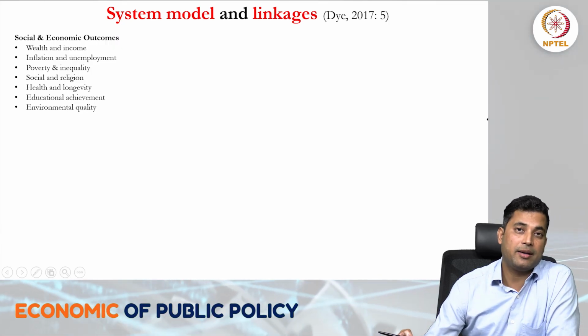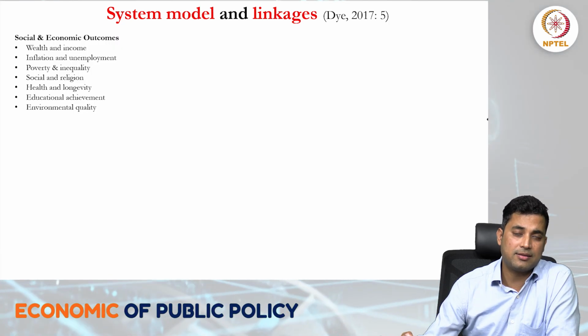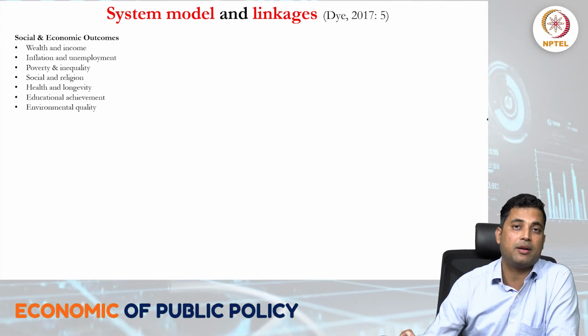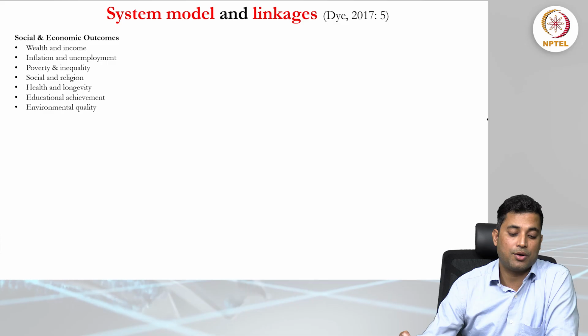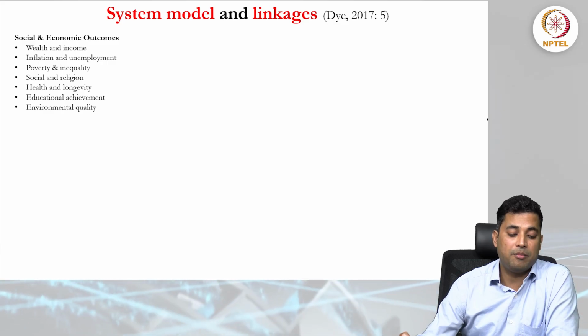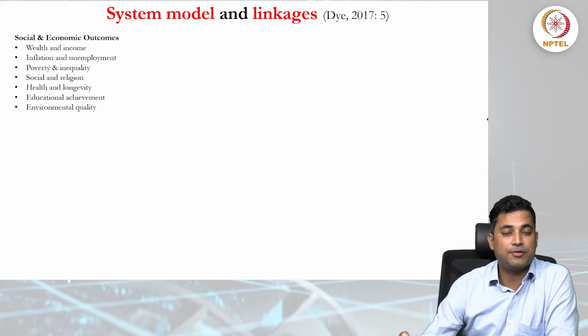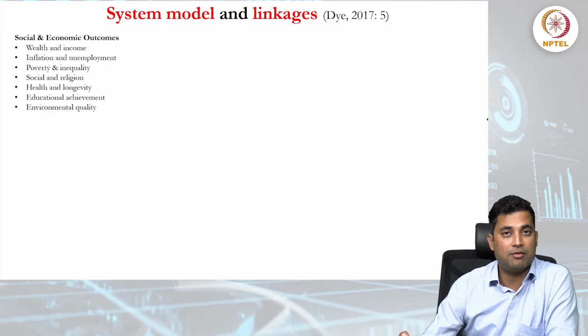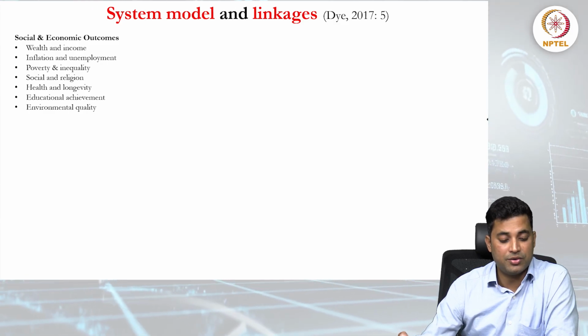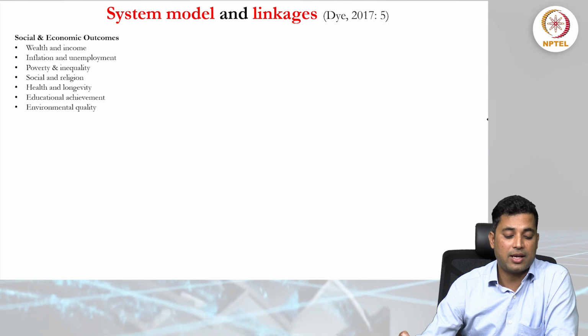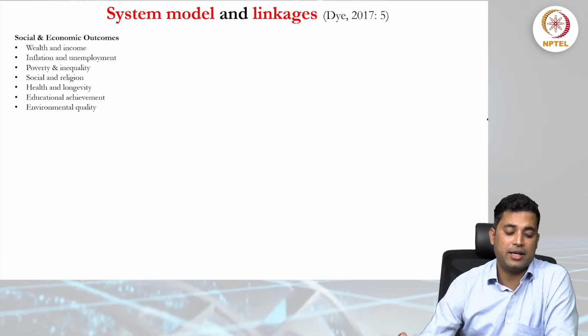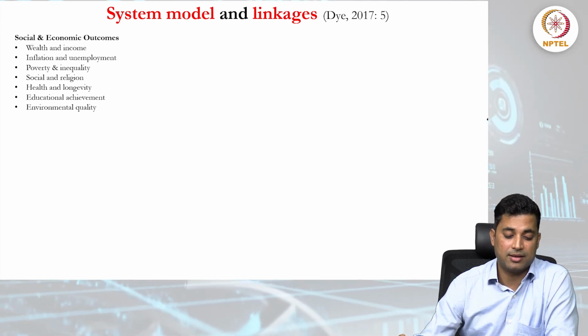I would like to highlight these concerns. For instance, for better economic outcomes or growth, we also need to focus on wealth and income. And the major economic concerns for any government or nation are inflation, unemployment, poverty and inequality.